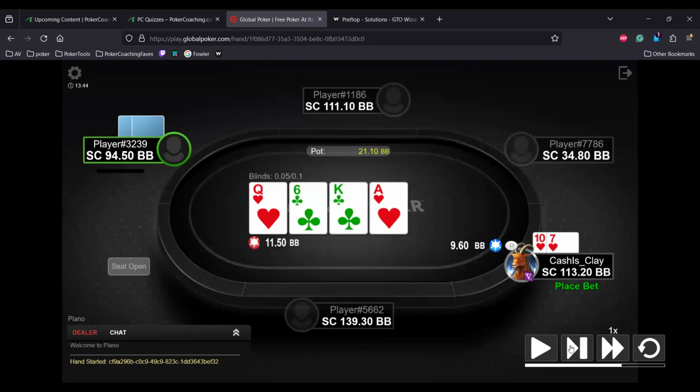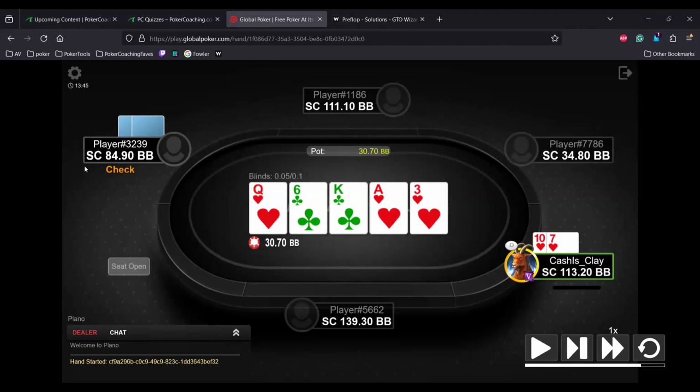Weird spot. So really the decision point is here. So we get there, and he checks. Is this a value bet? That's a fair bet. He's got a lot of suited combos that he's defending that have the jack, that have the king.